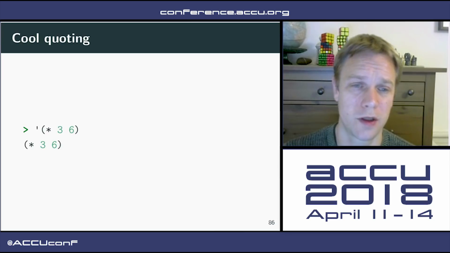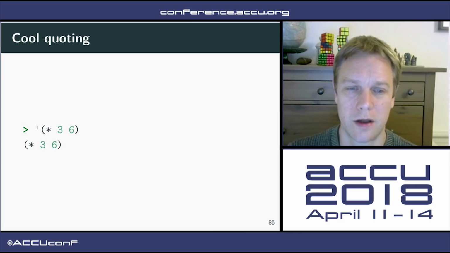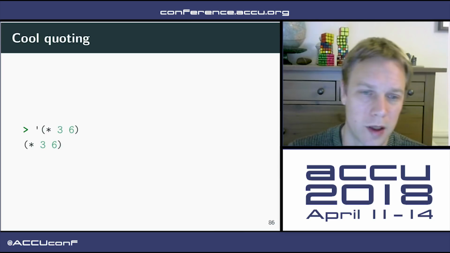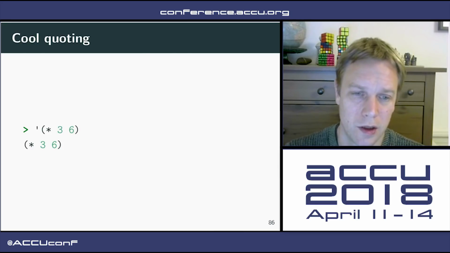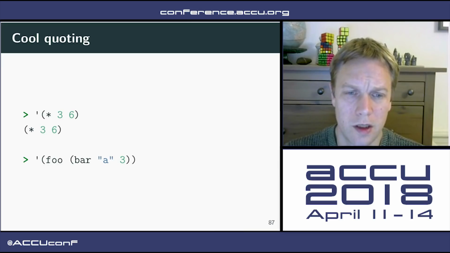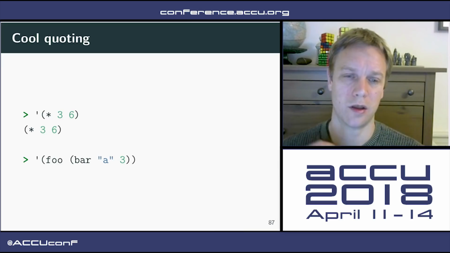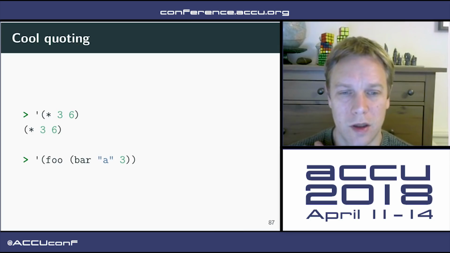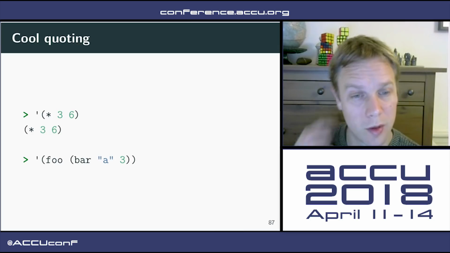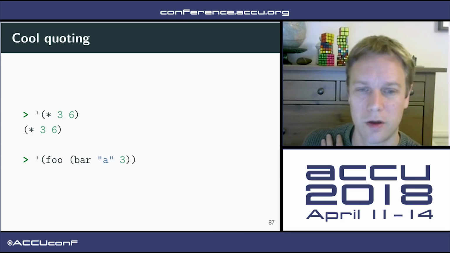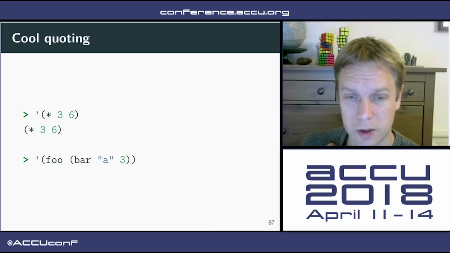So for example, if you quote this thing, and the thing is an open bracket, a star, a 3 and a 6, it gives you back a list of star, 3, 6. And if we quote this whole great thing, but it's all one thing, because that open bracket doesn't end until right at the end of the line, that quote symbol will apply to the whole of that stuff. It won't run any of the code inside there, because all of it's quoted.